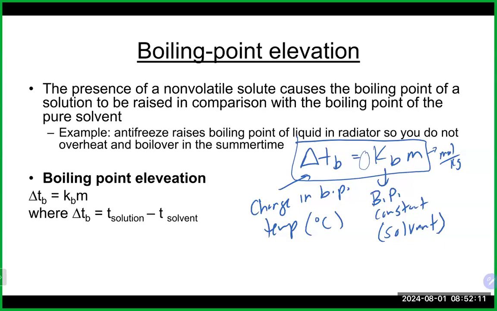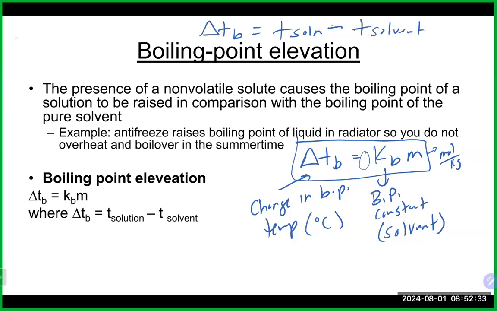The difference here, though, is that the solution will actually boil at a higher temperature than the solvent. So when we talk about the change in the boiling point temperature, we take the temperature of the solution where it boils, and subtract from it the temperature where the pure solvent boils.